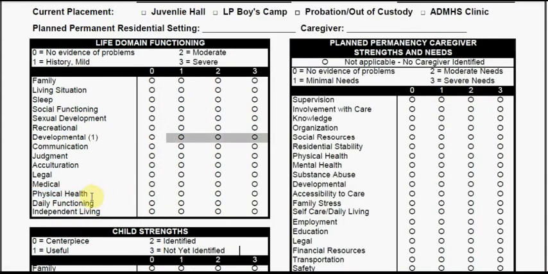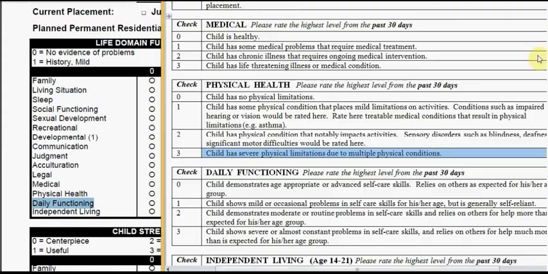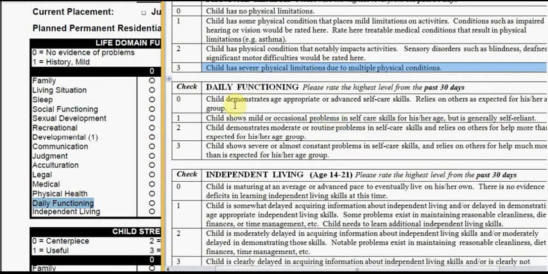All right. So the previous to last in this domain is daily functioning. And daily functioning is scored like this. The child demonstrates age-appropriate or advanced self-care skills. It's a 0. I mean, he relies on others as expected, right, for his age.